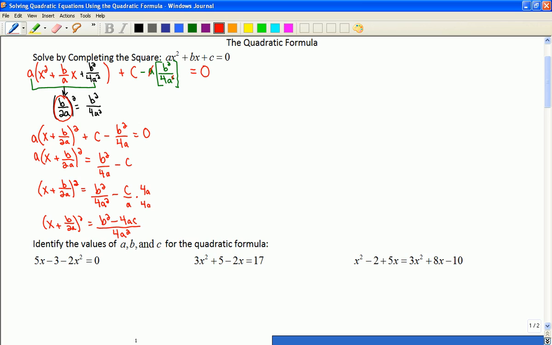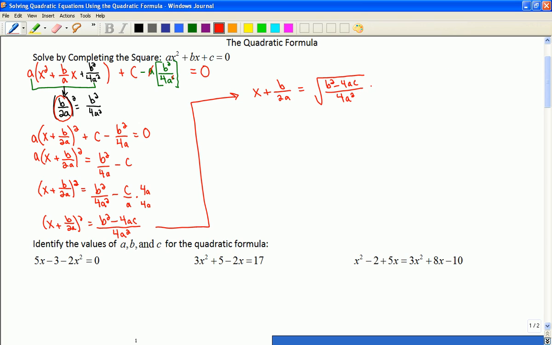And now I'm ready to take the square root of both sides. So I'll continue my work up here. So this would give me x plus b over 2a is equal to the square root of b squared minus 4ac, and it's all divided by 4a squared.